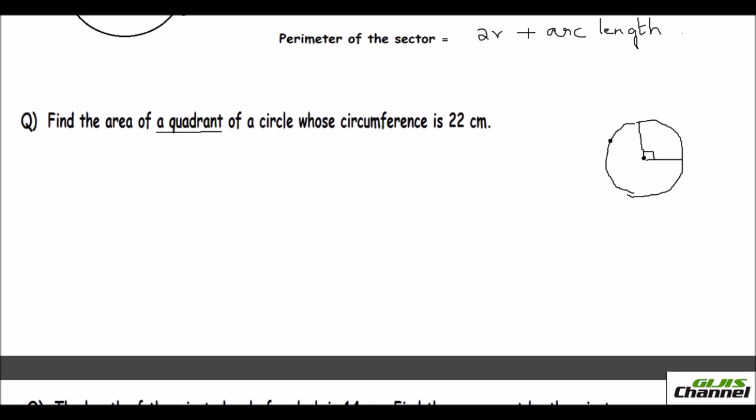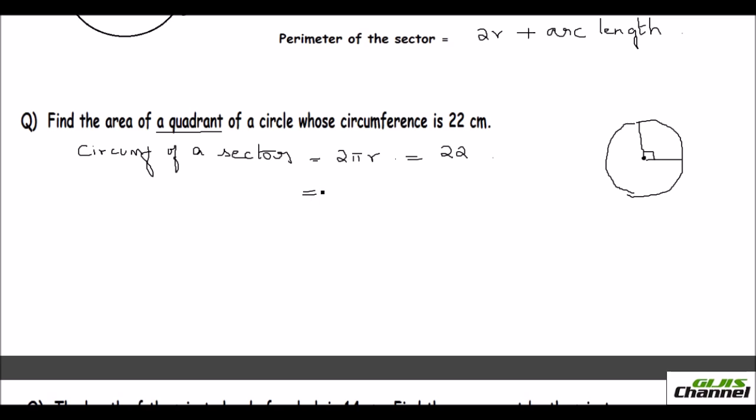So here the circumference is 2 pi r. We don't know what r is. Let us find out, because they have given you the circumference. This is given as 22. Okay. So what is your r?